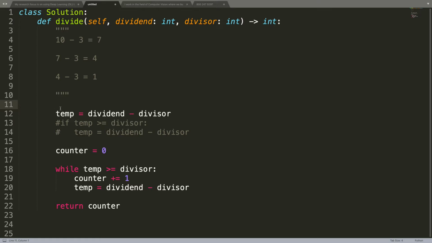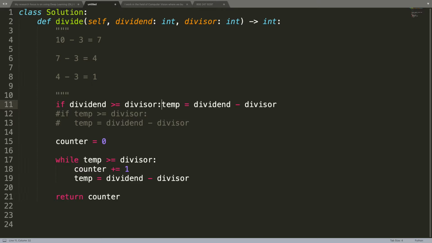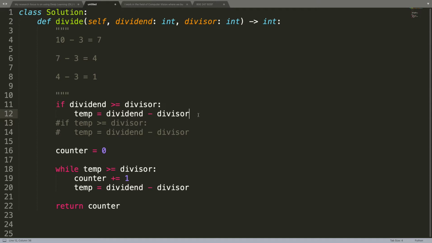So I can put an if here, modify this, and say if dividends is greater than or equals to divisor, then I can do this. That will work.